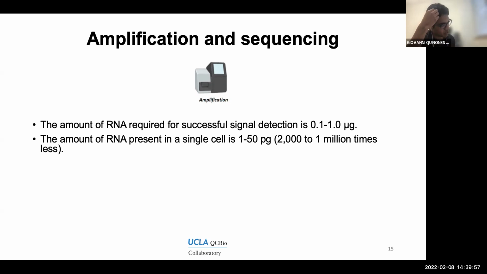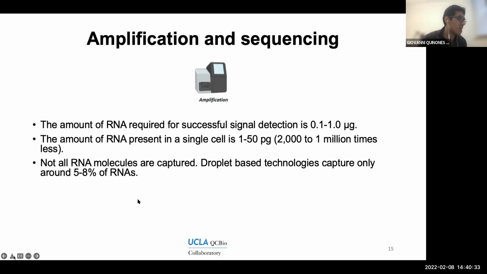Some cells may have a more active transcription of genes, so those factors will make the amount of RNA vary from cell to cell. And this range of 1 to 50 picograms is between 2,000 to 1 million times less than the amount needed. So the problem is that we're starting with a very small amount of RNA, and we need 2,000 to 1 million times more in order to start sequencing.